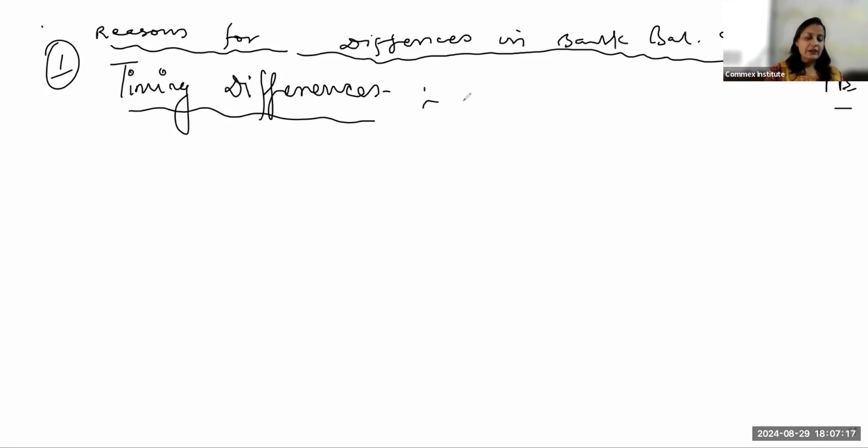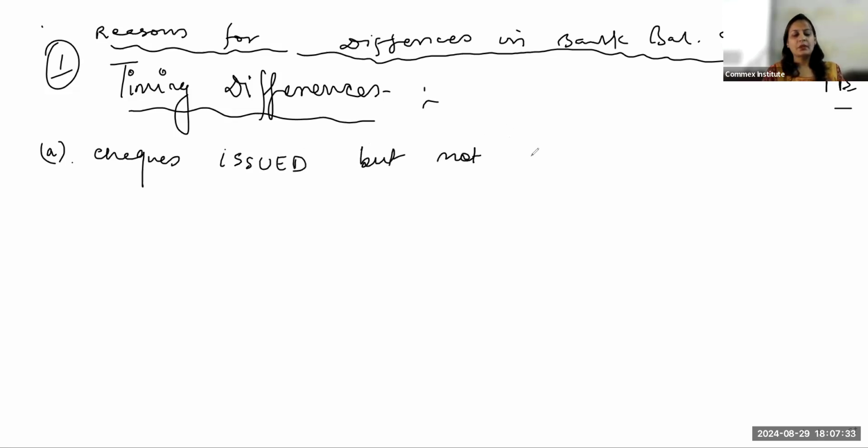So first we'll write this and then we'll write the other thing. Timing differences can be due to two reasons. A: checks issued but not presented by creditor for payment.